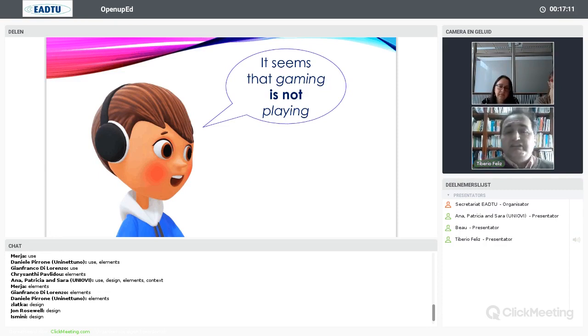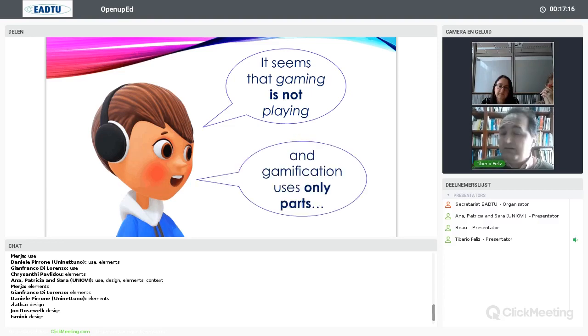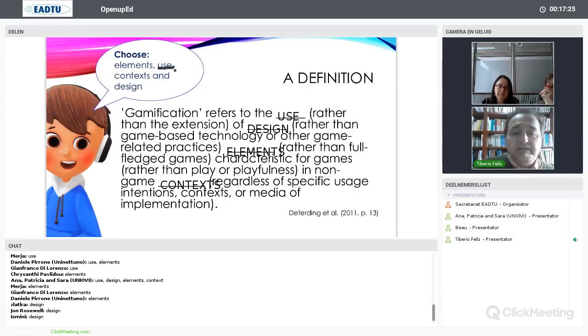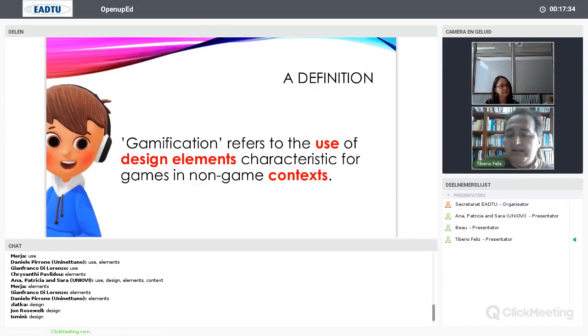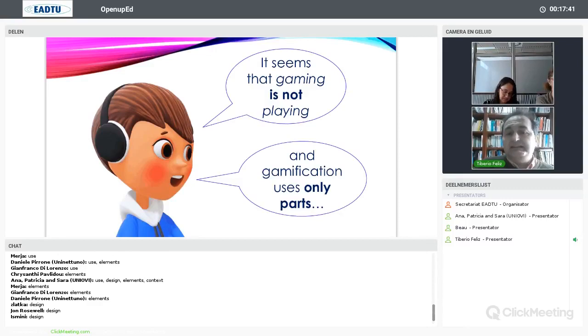Gaming is not playing. Okay, gamification uses only parts, according to this definition from Deterding in 2011. So gamification could be only using elements, that means parts, and gaming is different from playing.